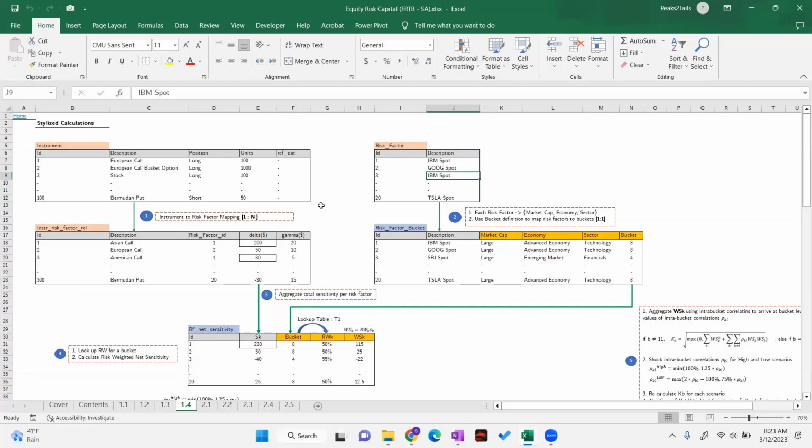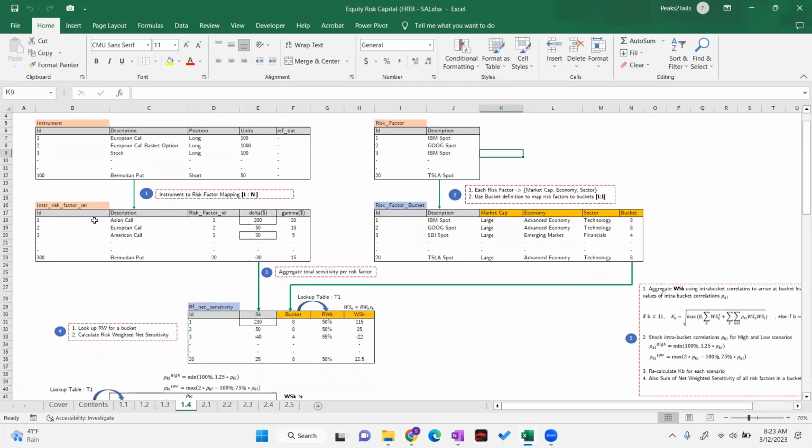There would be interest rate curves, lots and lots of spot curves, forward curves, and when we say curves, it is not one single risk factor. It's an assembly of risk factors. In an entire curve, every single tenor becomes a separate risk factor. LIBOR 3-month is a risk factor. LIBOR 6-month is a risk factor. OIS 1 month is a risk factor. So you have lots and lots of risk factors.